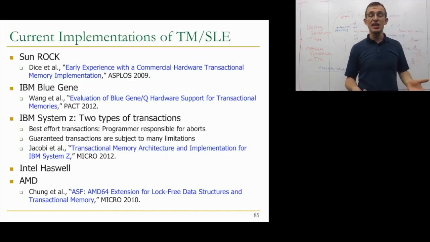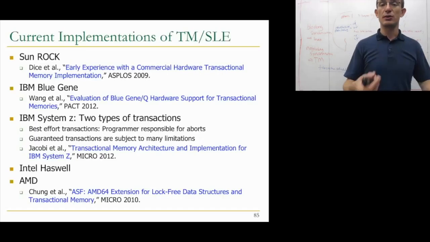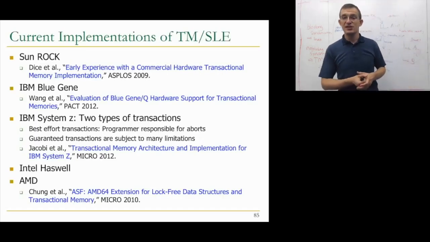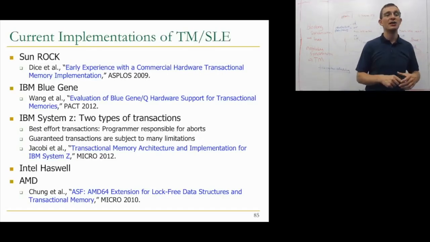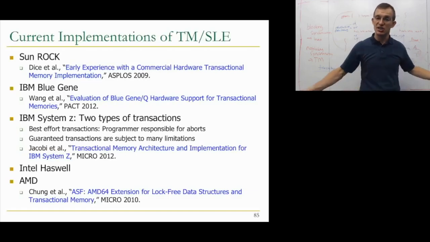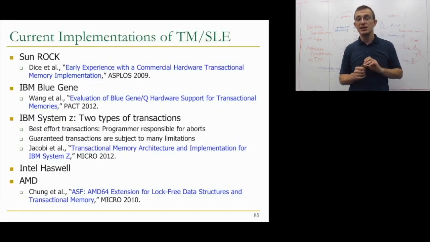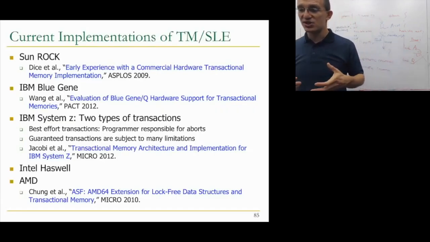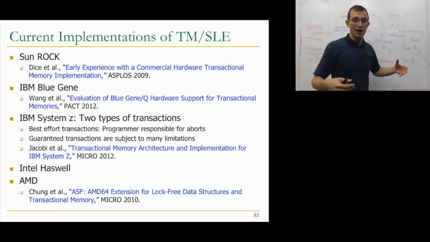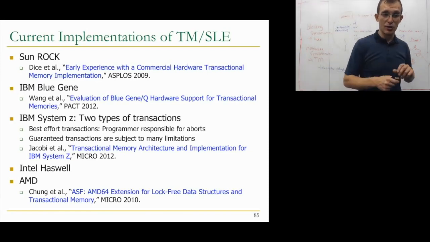IBM System Z, another processor that's used in IBM mainframes, implements transactional memory to ease programmers' job. And these are actually very parallel machines. That's one of the reasons they implement transactional memory. The idea is to ease programmers' job and also improve programmer productivity in programming these machines.